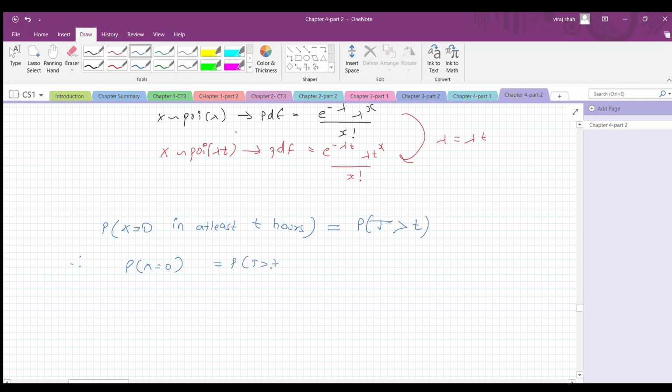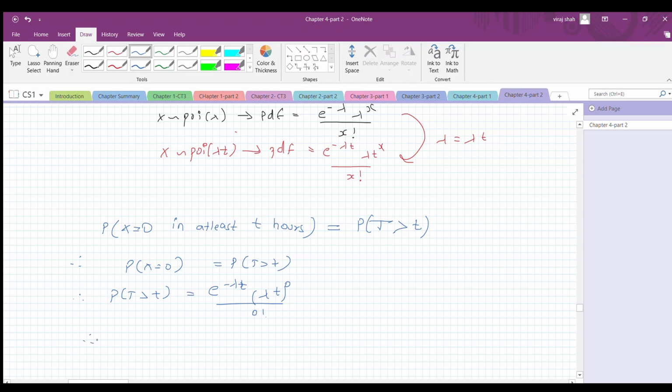What is x equal to 0? This is my PDF. So instead of x, now I can write 0, and here 0 factorial. Anything raised to 0 is 1, and 0 factorial is basically 1.